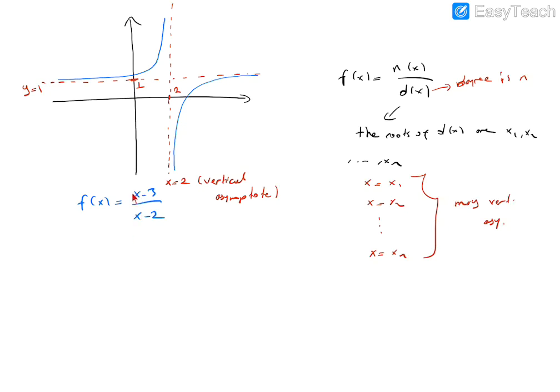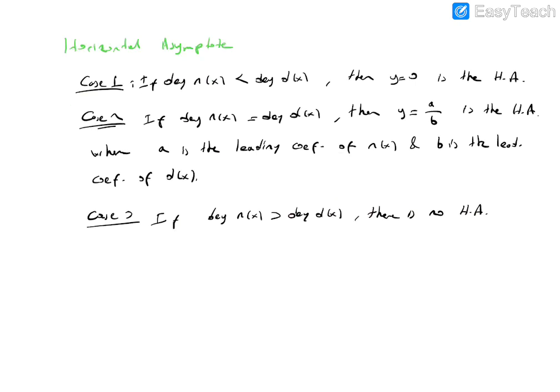The leading coefficients are 1, so 1 over 1, y equals 1 is the horizontal asymptote in this example, okay? And 2 makes the denominator 0, but 2 is not a factor of the numerator. So x equals 2 is the vertical asymptote. Quickly, you can decide. When sketching the graph, we will use this important knowledge.